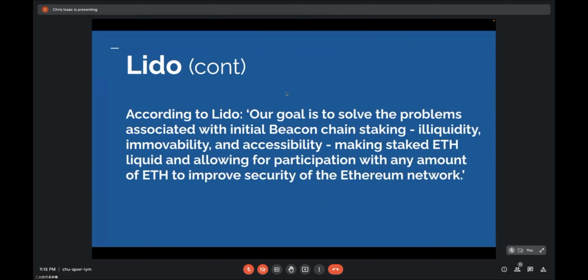Really what their solution is solving is the whole Shanghai update issue with validator funds being locked up and inaccessible, unmovable until that update happens, when you could take your 32 ETH out and cash it in if you're running a validator. So this allows staking with liquidity, essentially.